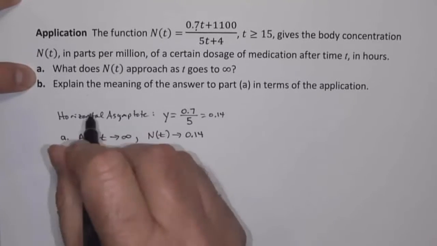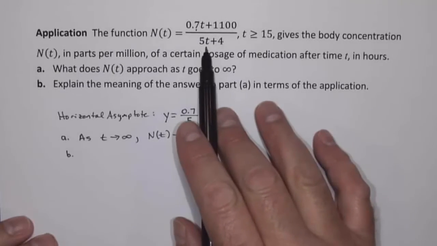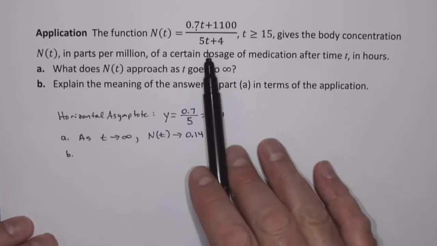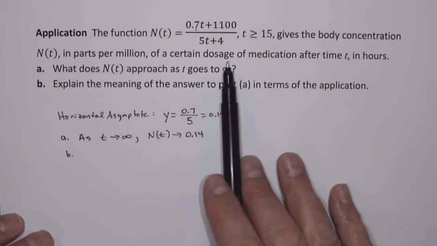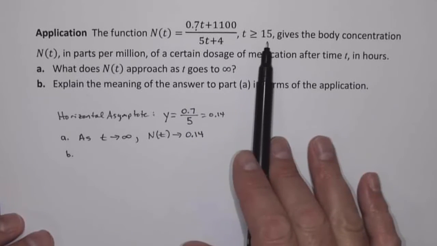So question B, explain the meaning of the answer to part A. So t in this case is representing time in hours. After this dosage of medication has been taken, this says t has to be greater than or equal to 15.